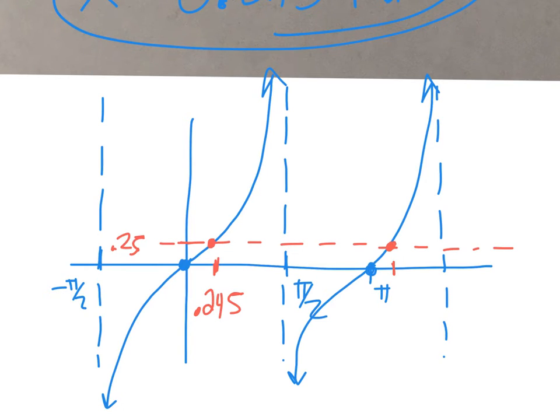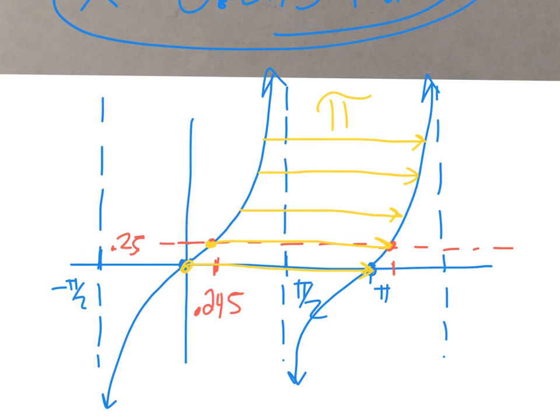And the beautiful thing about tangent you will find if you do enough of these is every point on the tangent line is exactly pi units away from the next point on the tangent line. Every single one. This 0 here and that 0 there are pi units away. This point here and that point there are exactly pi units away.